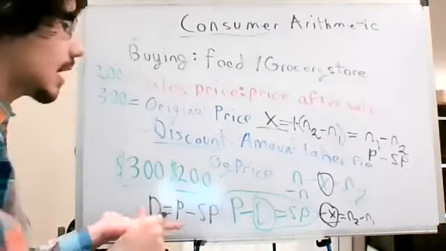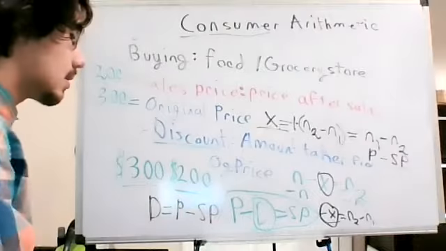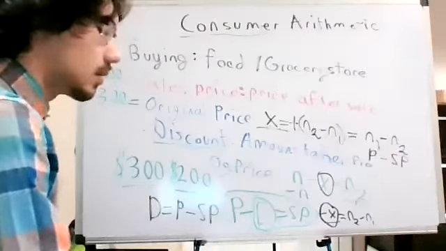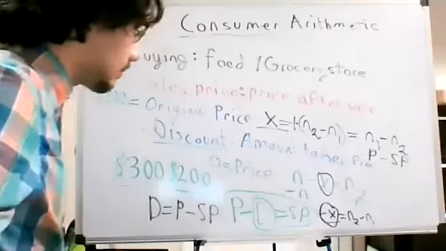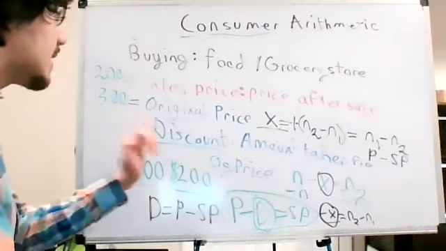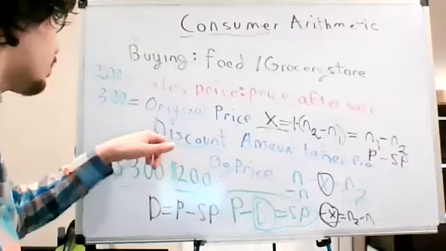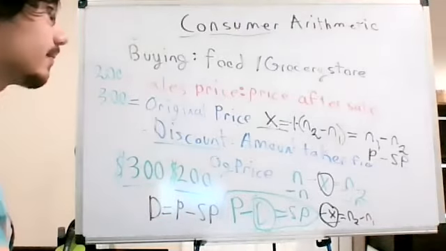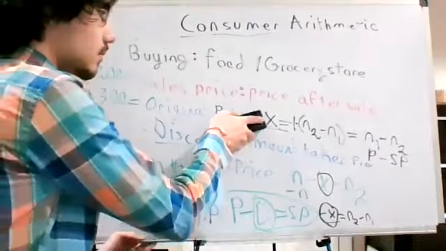Do you have any questions on how we got this from this? No, sir. Okay. So we want to find the discount, and we have the price and the sales price. Can you find the discount from what you have? Yes, sir.